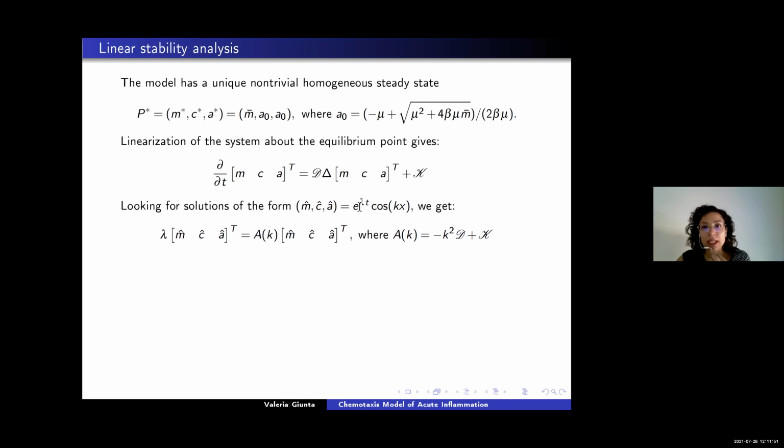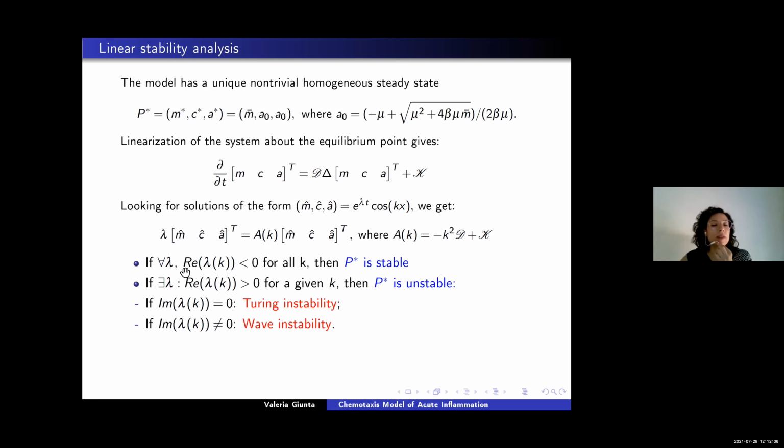Since we adopted Neumann boundary conditions, we get this eigenvalue problem. And the stability of the equilibrium point depends on the eigenvalues of A. In particular, if all eigenvalues have negative real part, the equilibrium point is stable.